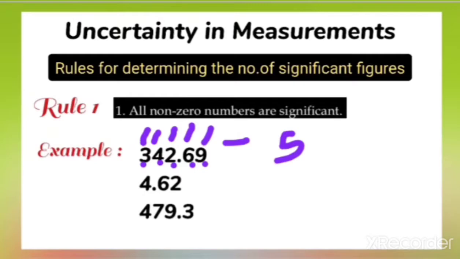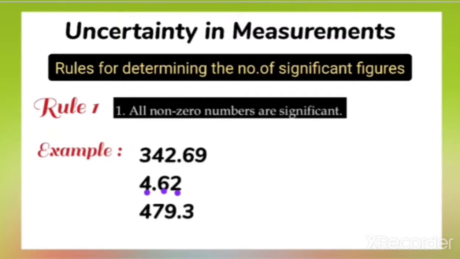Now, let us try the next one. Because all non-zeros are significant, these are all non-zeros. So how many figures are there in total? 1, 2, 3. So 3 is the number of significant figures in this case. What about the last case? Can you guess the number of significant figures for this example?